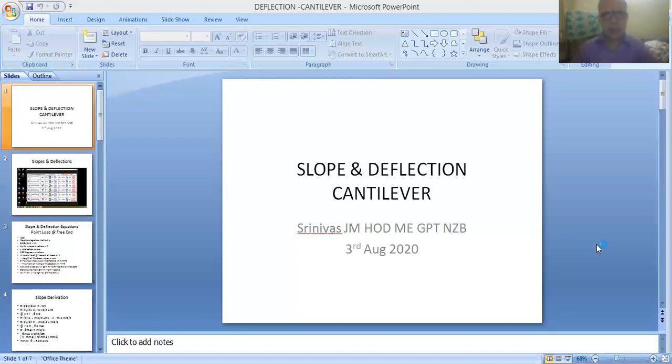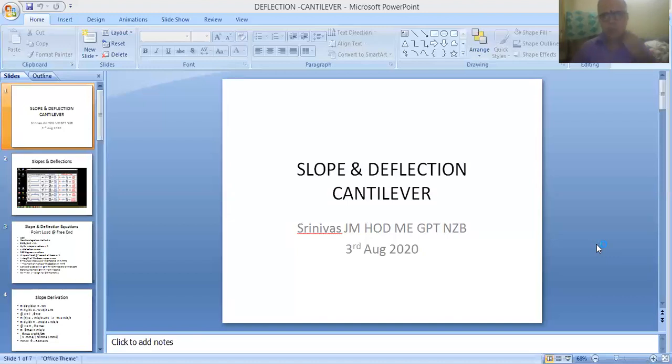So this section is divided into two portions: calculation of slope and deflection for a point load acting on the cantilever, and finally, calculation of slope and deflection for a uniformly distributed load acting on the cantilever.